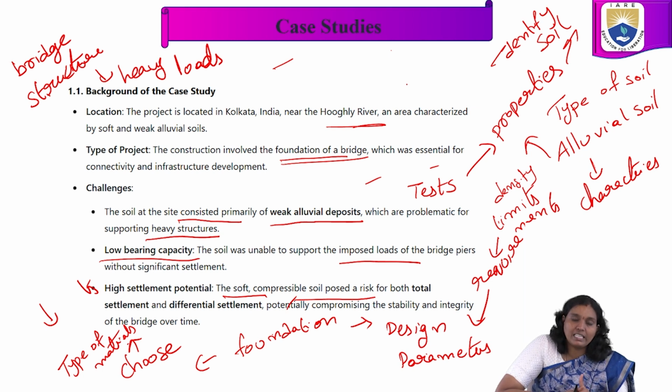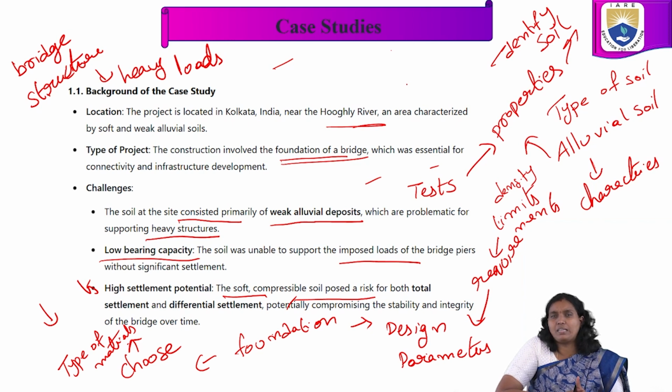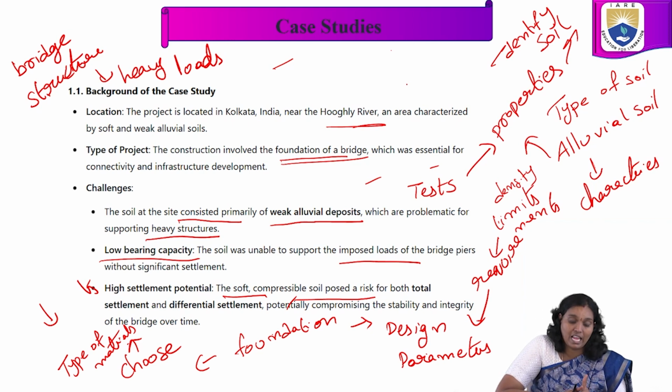And also high settlement potential, because the soft compressible soil posed a risk for both kinds of settlement, whether that is total settlement over time, or in some scenarios the differential settlement. Addressing that potential, we need the stability and integrity of the bridge over time.